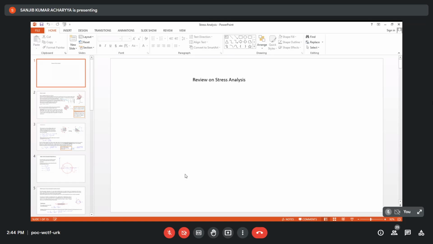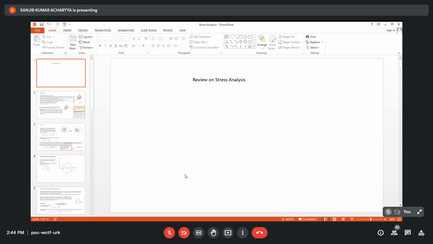Because of the acceleration, force will be balanced. But if the component is restricted to move, but if load is applied, then deformation will take place.